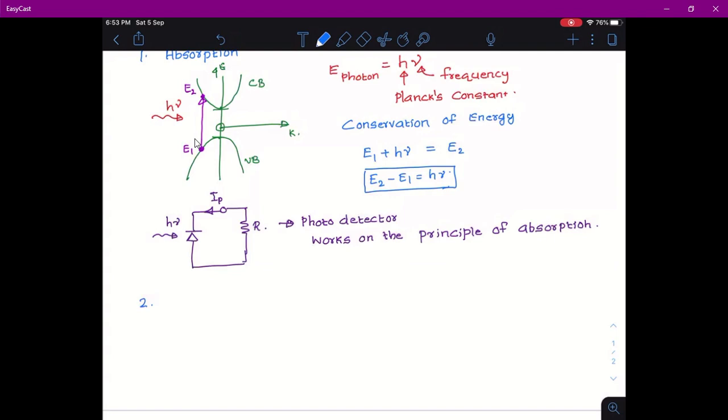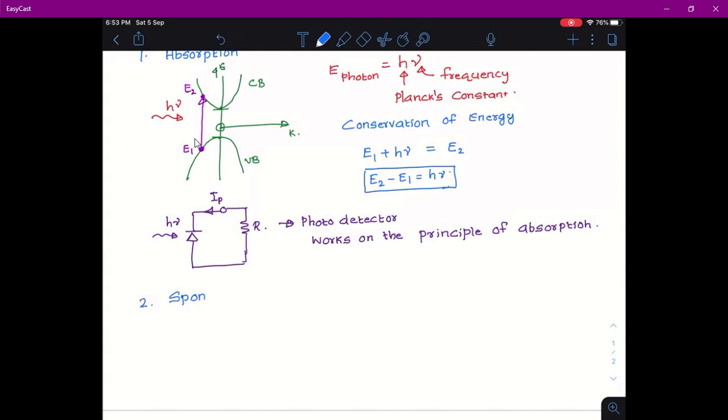In spontaneous emission, spontaneous means without the help of anything else. So, something that you do spontaneously, something you produce without the help of a third person or second person.